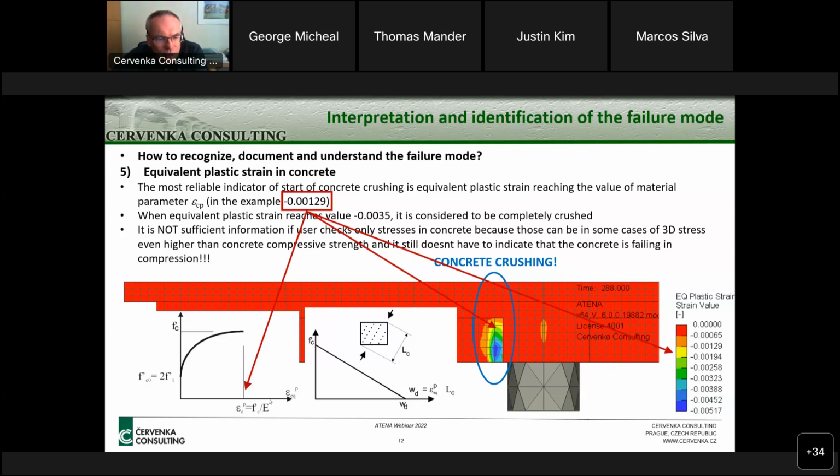So the epsilon CP is exceeded, we are somewhere here, so we are in the softening. If the equivalent plastic strain is lower than this epsilon CP, we know we are somewhere here. So this is the best way to really understand whether the concrete is in the softening, basically failing, crushing, or whether we are still in the hardening stage.